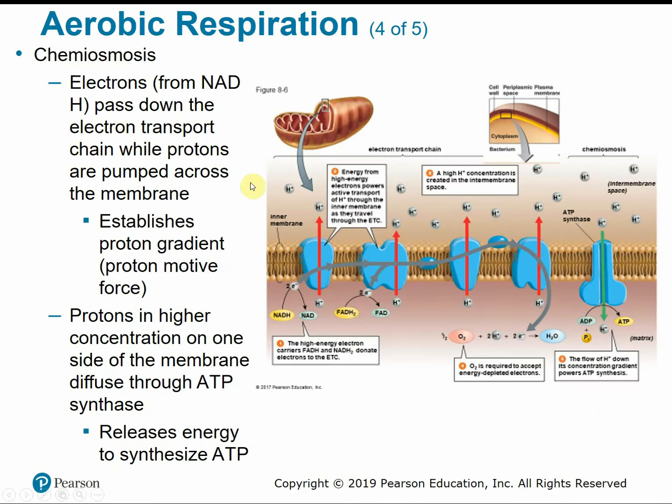Chemiosmosis is when we're going to cash in all of our energy carriers, all of those NADH and FADH. These energized electrons, as they pass from carrier molecule to carrier molecule, release energy. We're going to use this energy to pump hydrogens across the membrane via active transport. So energy from high energy electrons powers this active transport of hydrogen through the membrane.